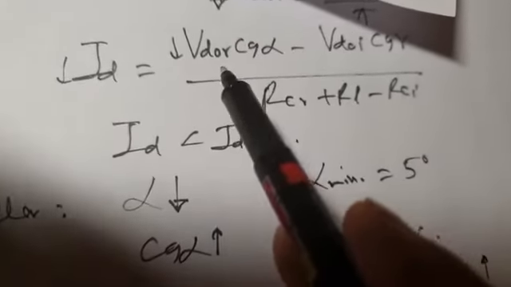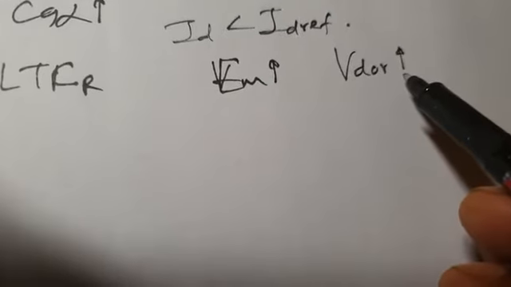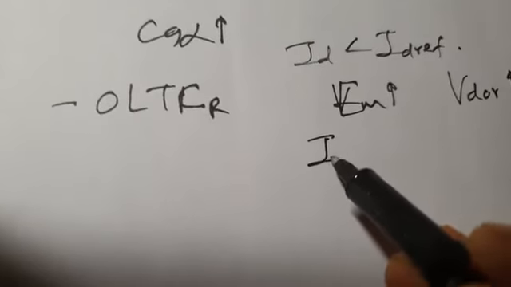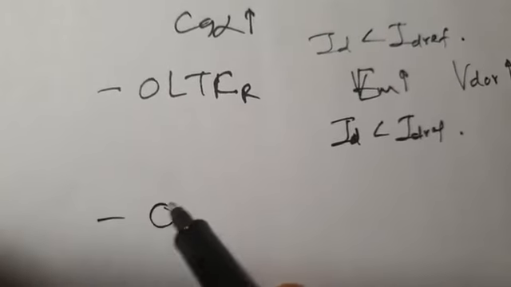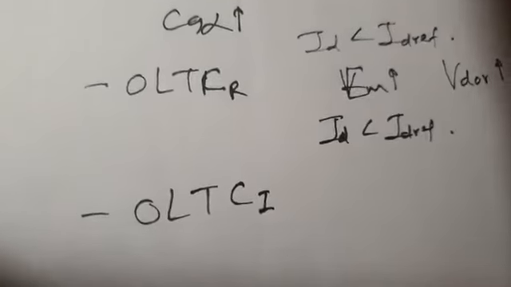If VDOR has increased to a sufficiently large value, then ID will be equal to ID ref. But let us suppose the increase in VDOR is not sufficient. So ID will still remain less than ID ref. That means this control action has also failed. What is the last control action that the controller has to take? Online tap changing of the inverter side has to operate.